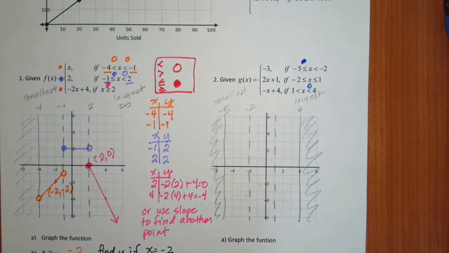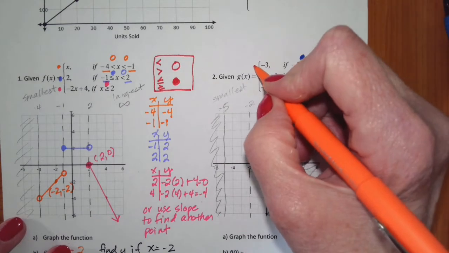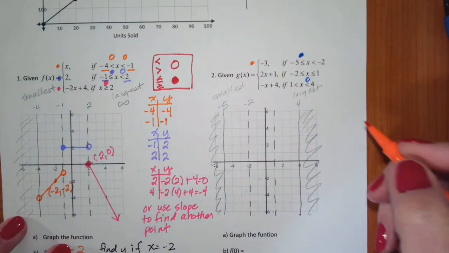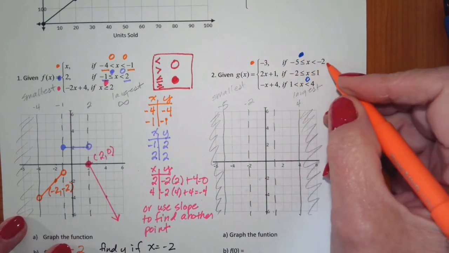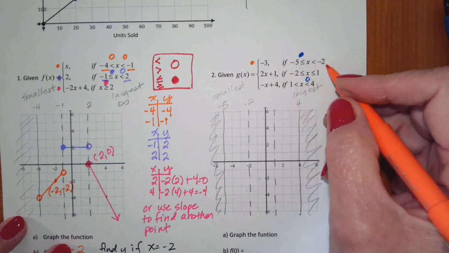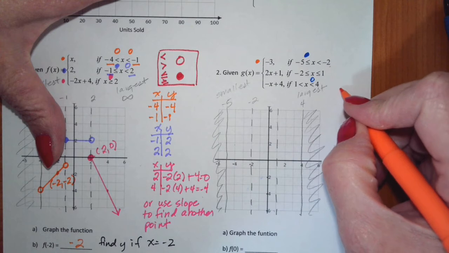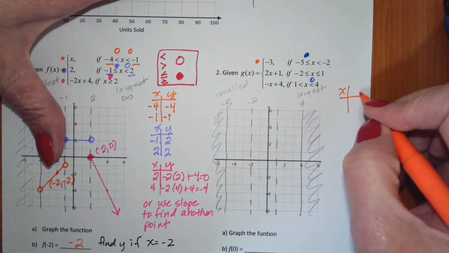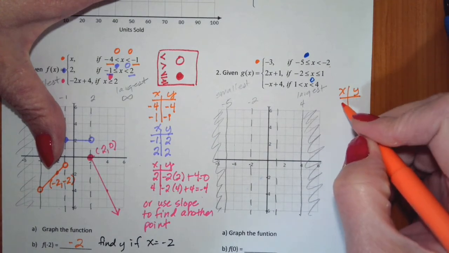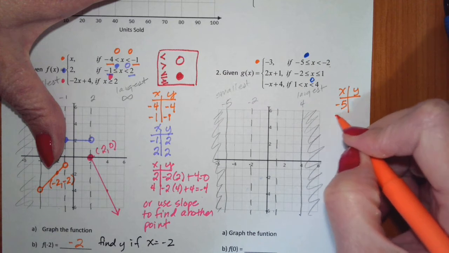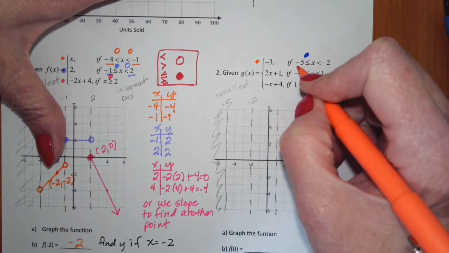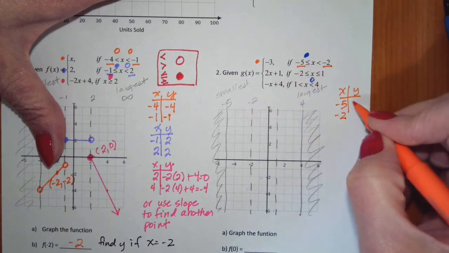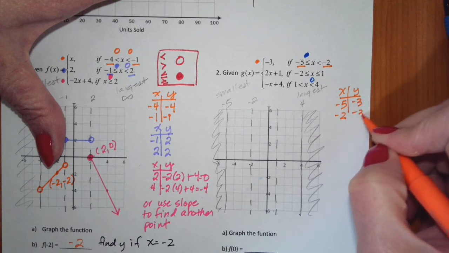On my first function, it says that g of x is equal to -3 between -5 and -2. So if I do my xy table again, and use -5 and -2, these are the two values I'm going to use, my function is always -3.